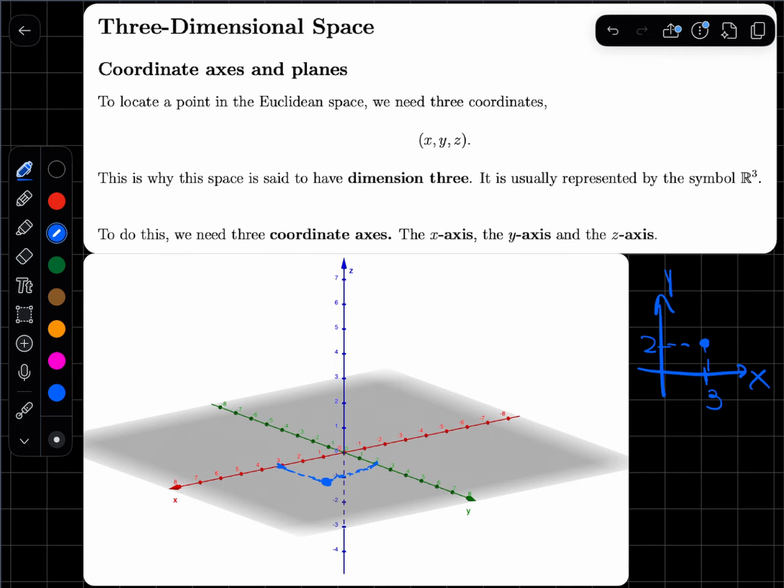However, if the object is not on the floor, maybe it's, I don't know, like a fly flying through the room like so, then you also have to tell this person how high up it is. So let's say the fly is right here, with 2 little wings. I have to tell this person how high up above that point on the floor your object is.